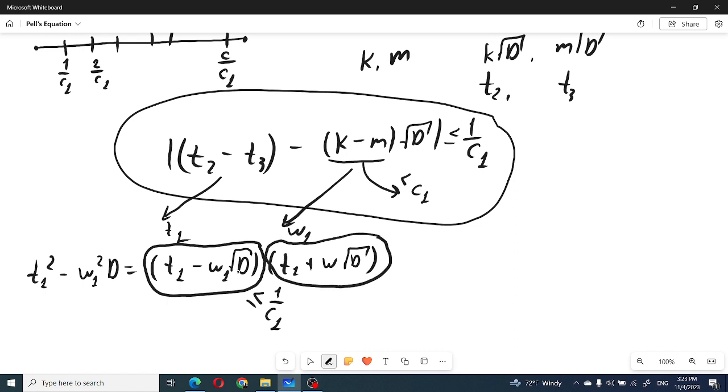And what do we know about the other number? This number must be less or equal to 2 times w1 square root d plus 1, because the difference between t1 and w1 square root d must be at most 1.